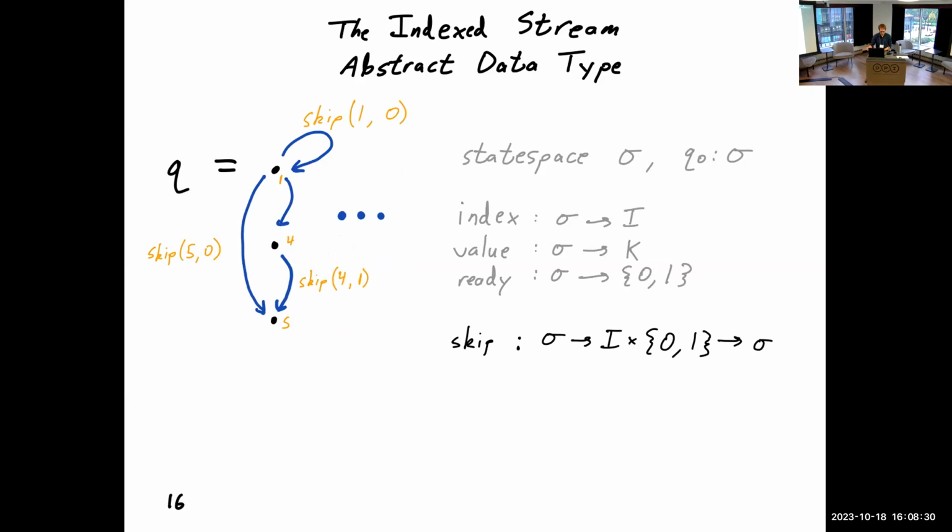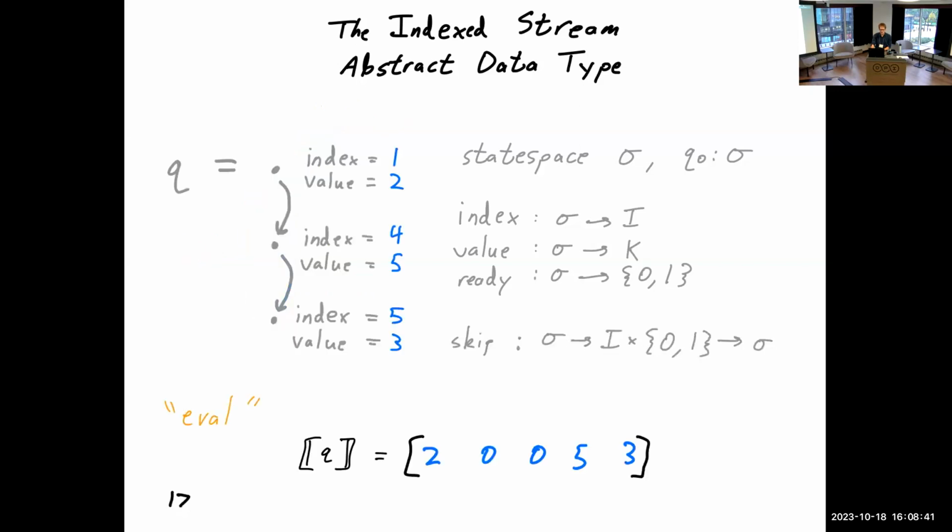That's the motivation behind this abstract definition. For the precise details of all these type signatures, please see our paper. Finally, there's a way of evaluating an index stream to a mathematical object. In this case, we see that the stream produces values 2, 5, and 3 at indices 1, 4, and 5. And so we get a vector something like this at the bottom.